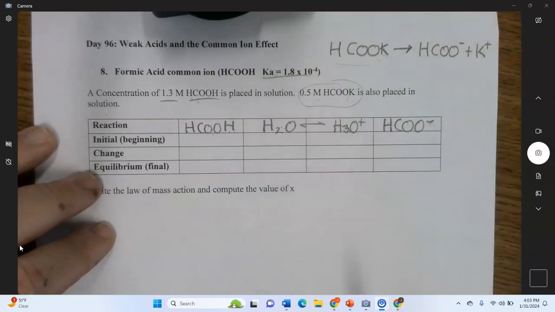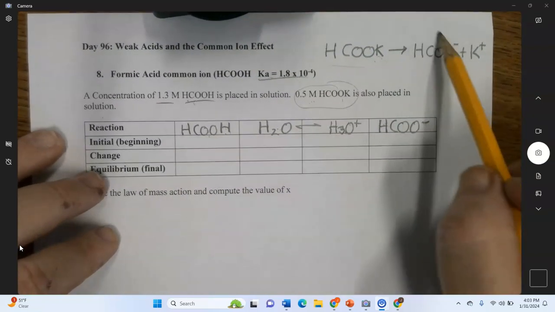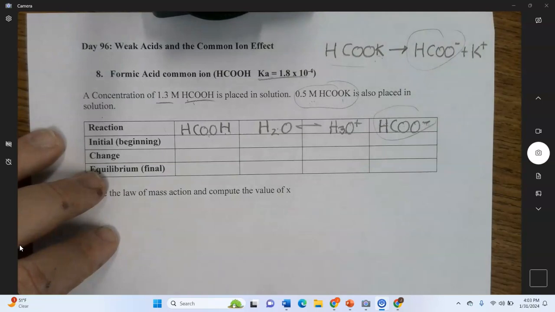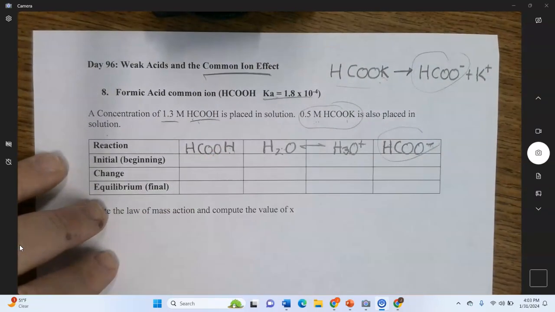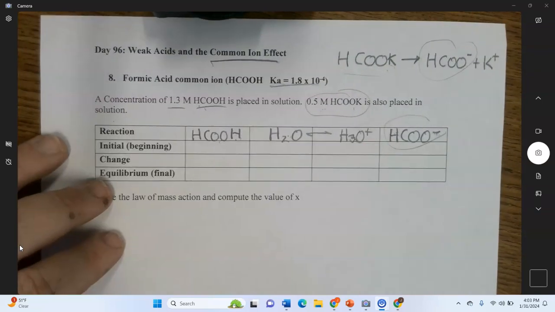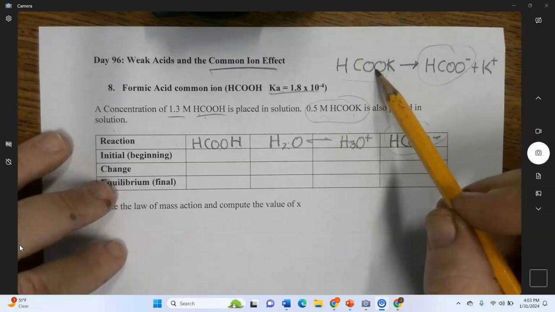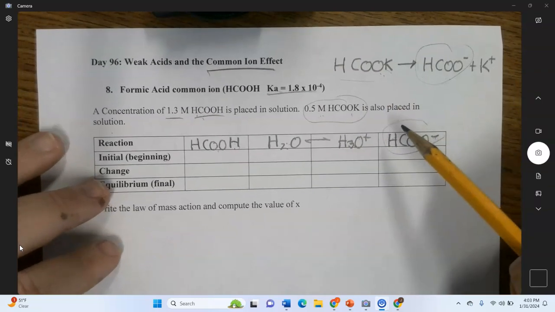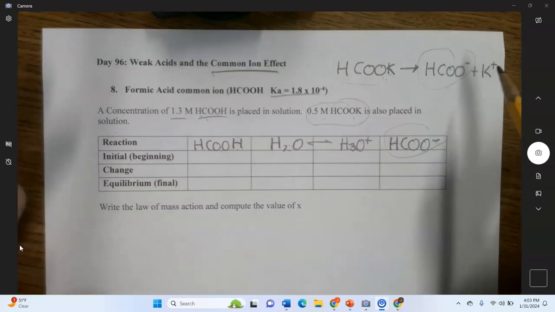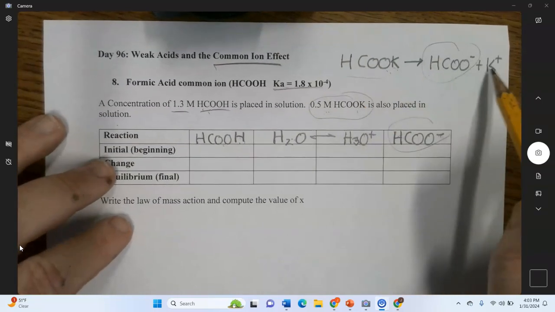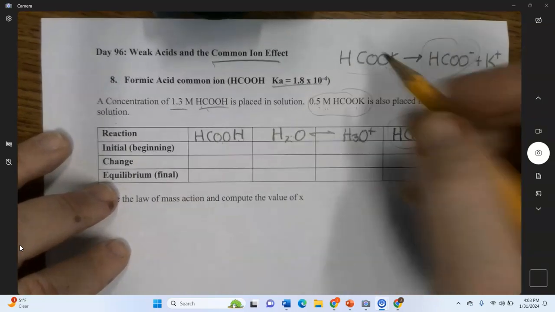Again, we'll talk about basic salts and what that means at a later lesson. But the point is they both produce the same ion. That's what the term common ion effect is. Okay? So, how much of this are we putting in? Just to kind of conceptualize it, imagine you're putting this in the solution first. It doesn't matter with reaction. You can put things in any order you want, but just imagine you're putting this in first, okay? So we're going to put in 0.5 molar of this.